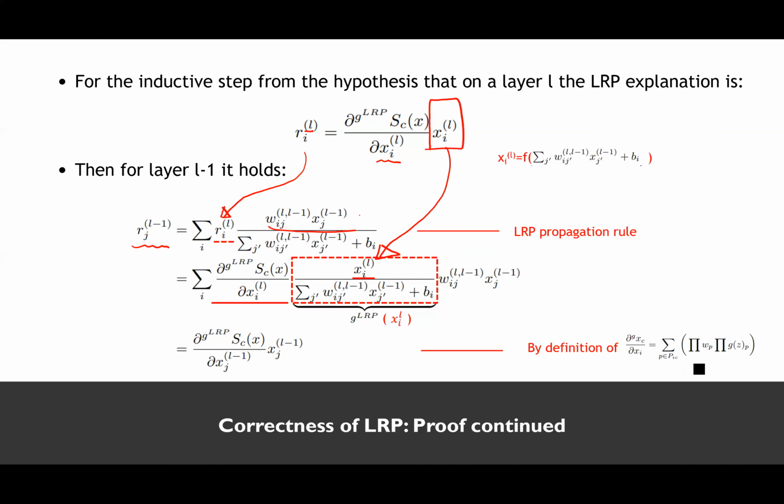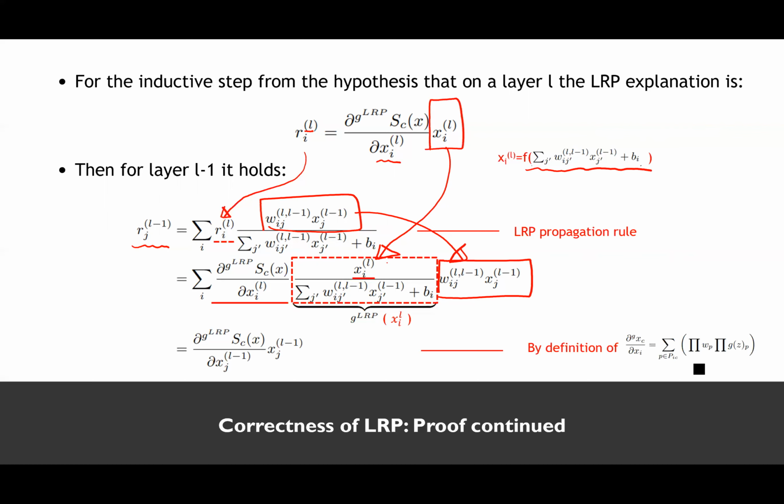And this part goes to the second term, right? And what we can say is, by the definition of X_i^l, the ith node in the l-th layer, there is a summation of all the possible values from j in the previous layer, j prime, to the i.